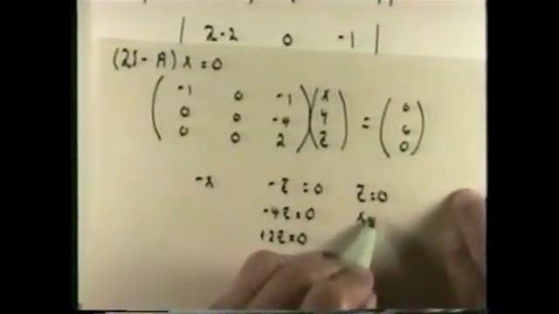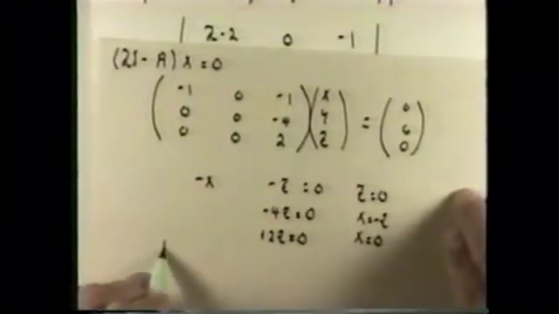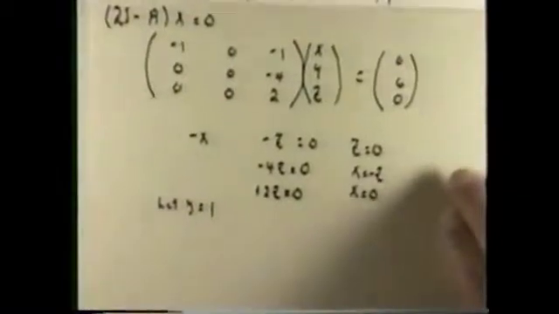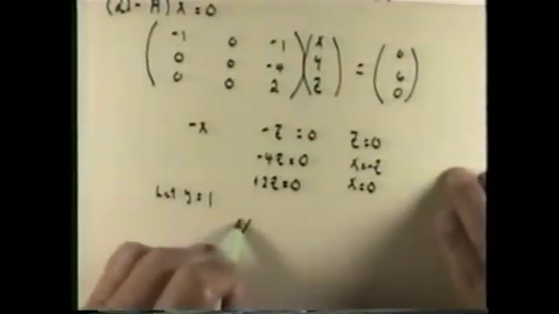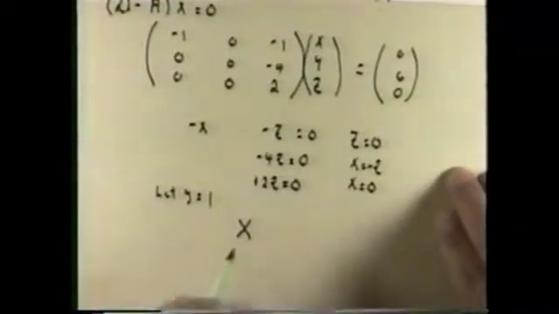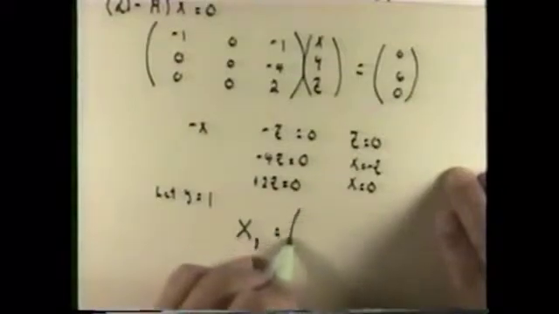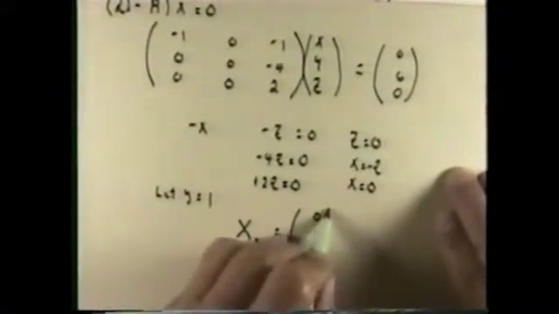We see that x is the opposite of z, which implies that x is 0. It doesn't mention y, so I can let y be anything I want to, and I'll pick 1. Now I can't let y be 0 because the eigenvector x has to be non-zero. So I can't have all zeros. So the eigenvector associated with the eigenvalue 3 is going to be the vector 0, 1, 0.